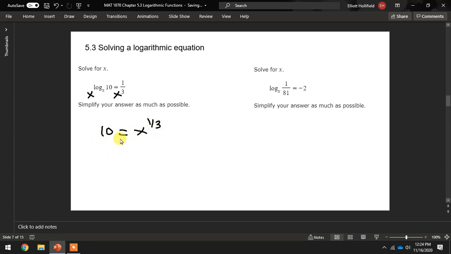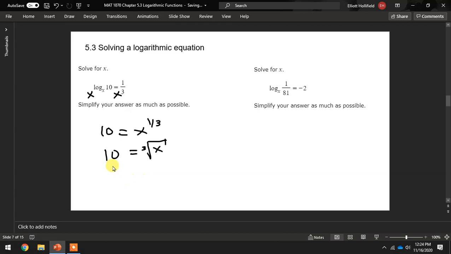Now we want to solve for x. So let's take the cube root of both sides. Oh, I've gone in the wrong direction. Let's rewrite this. x raised to the 1/3 means the same thing as the cube root of x.